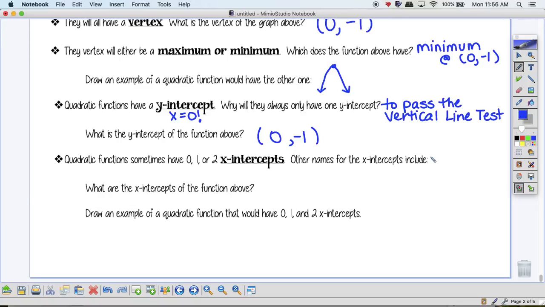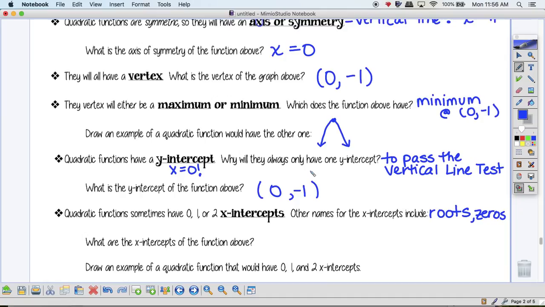Other names for x-intercepts are going to be called roots or zeros. So if I ask you for roots or zeros, that is the same as asking for x-intercepts. Now notice, it is okay for it to have 0, 1, or 2 x-intercepts for a quadratic. It will only have one y-intercept, but you could have 0, 1, or 2 x-intercepts.